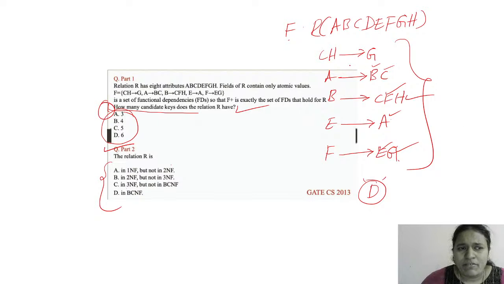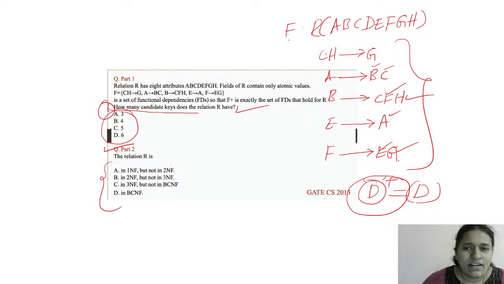But from D alone, we cannot get all the attributes. We can easily observe, right? In the D closure, we will not get anything, only D, because D is not there on the left hand side of any functional dependency here.